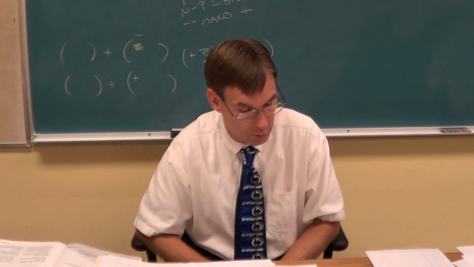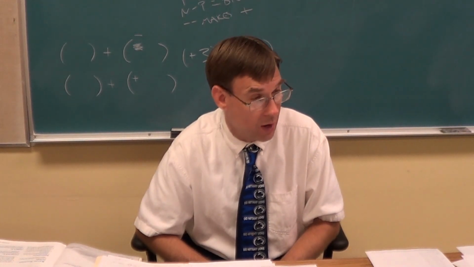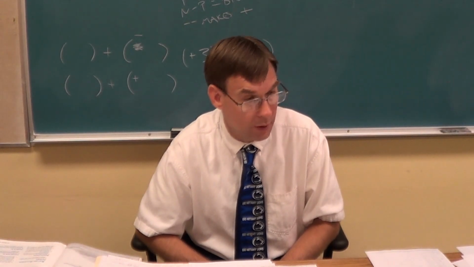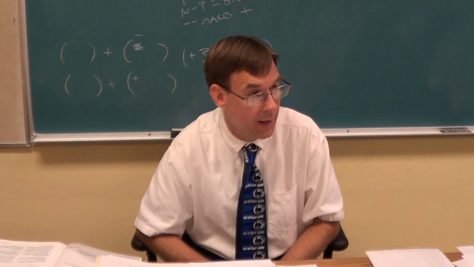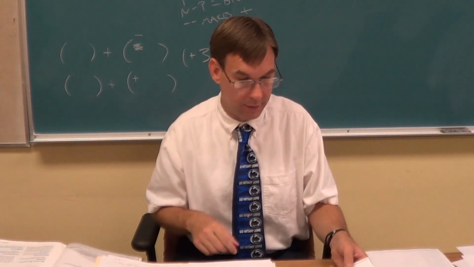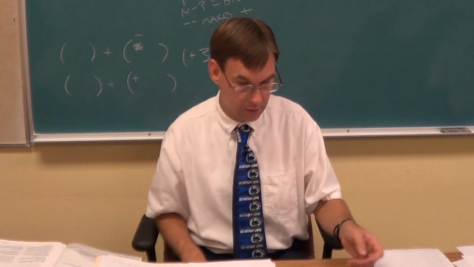For the last group, you would do what's in the parentheses first and then work from there. Does anybody need any more guidance on that set? Then why don't we hit stop on this, and then we'll resume in a little bit.